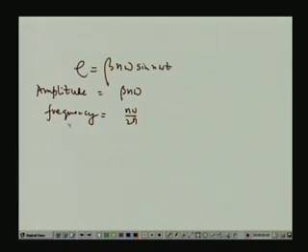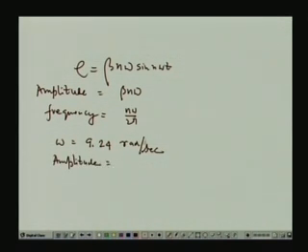So, omega for the minimum flow rate, if I plug in all the expressions, will become 9.24 radians per second, right, and amplitude will be given by .92 multiplied by number of blades 6 into 9.24, which will be 51 millivolt, right.